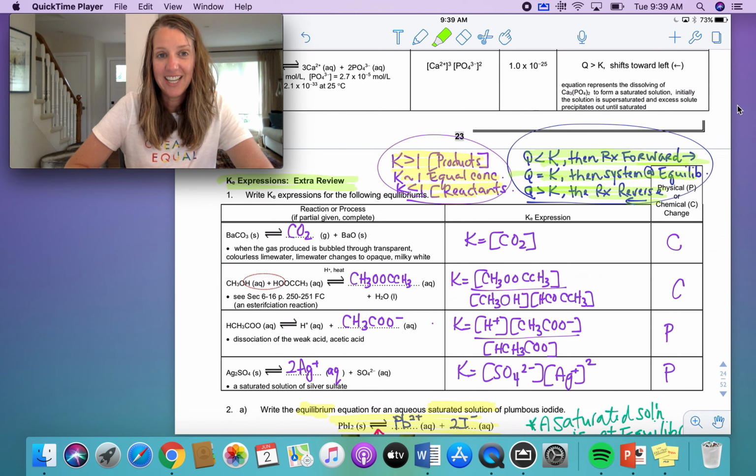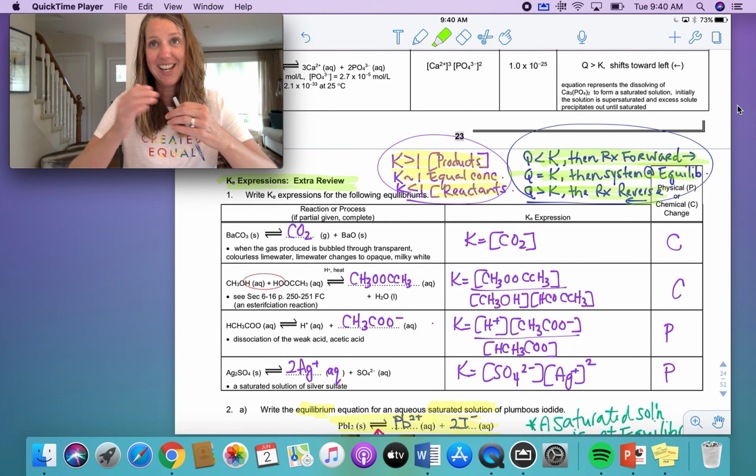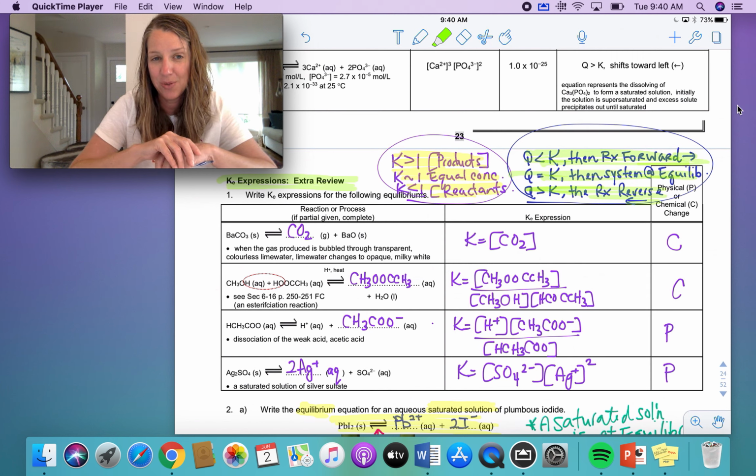If you calculate Q and then compare it to K, so if Q is less than K, it means that it's still going in the forward direction. It's favoring the forward direction. It's favoring the products because it's going in that way until it gets to equilibrium.